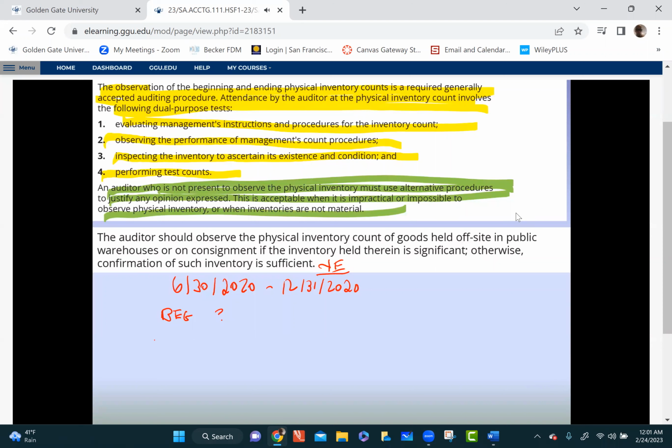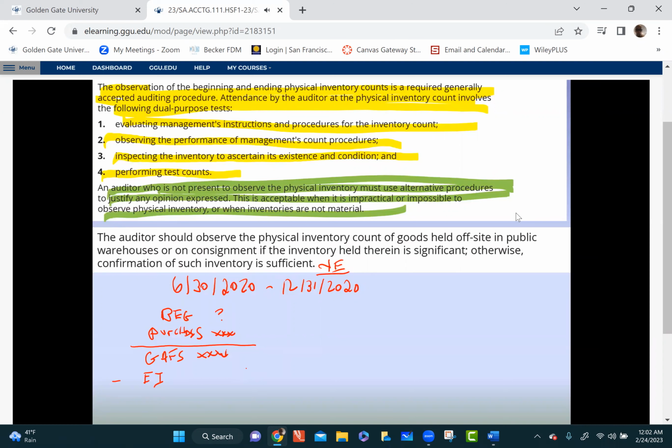You could probably get some evidence to help you with purchases, whatever that was. That would give you goods available for sale, minus ending inventory. Can you observe the ending inventory?